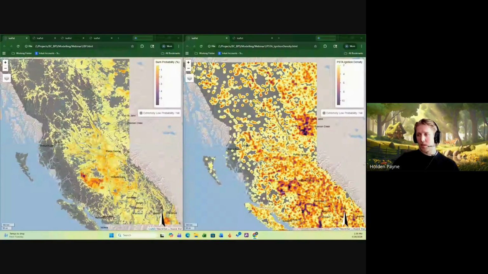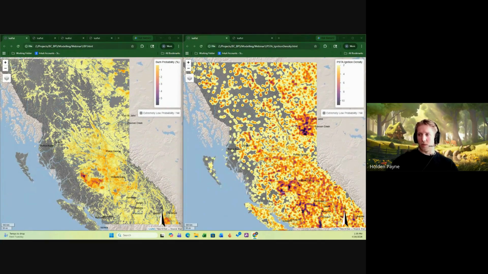So the formulas are somewhat similar for calculating the provincial strategic threat versus how we calculate our threat. But the inputs are different. PSTA is a more static approach, whereas our approach is over a range of potential variable conditions. On the left, that's our burn probability value, and on the right is the PSTA's ignition density.